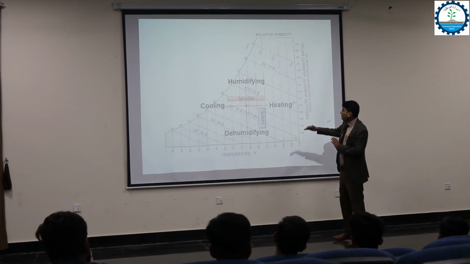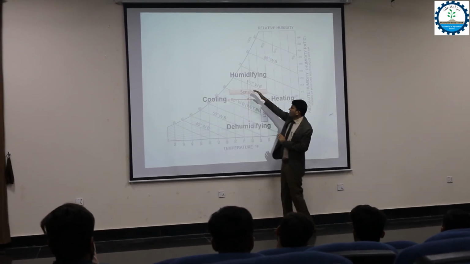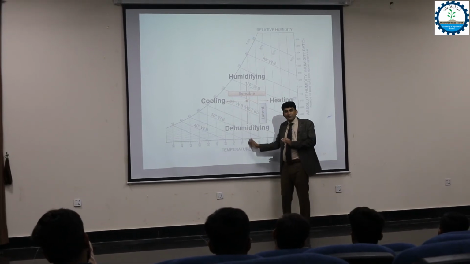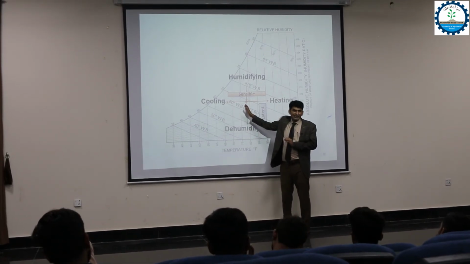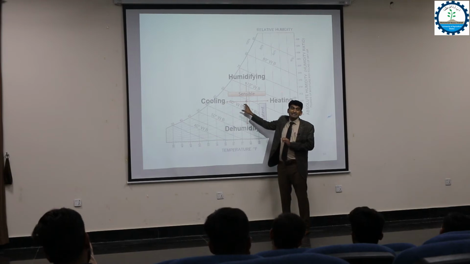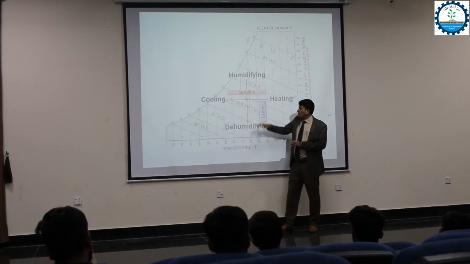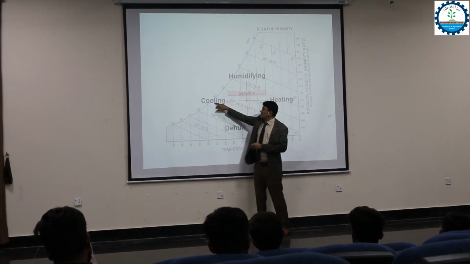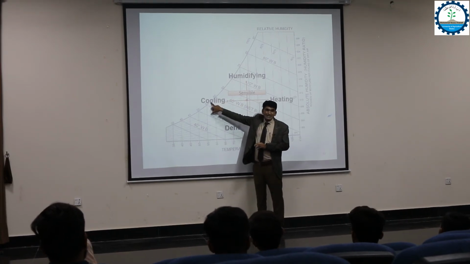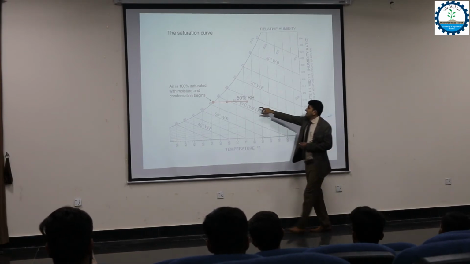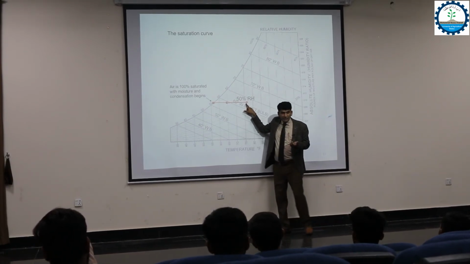But when you move from upward to downward or downward to upward, normally the dry bulb temperature is the same. But the other change that is happening is the latent heat. Suppose this point touches the saturation line, just like in the next slide you will see, here is the point, and you are cooling.